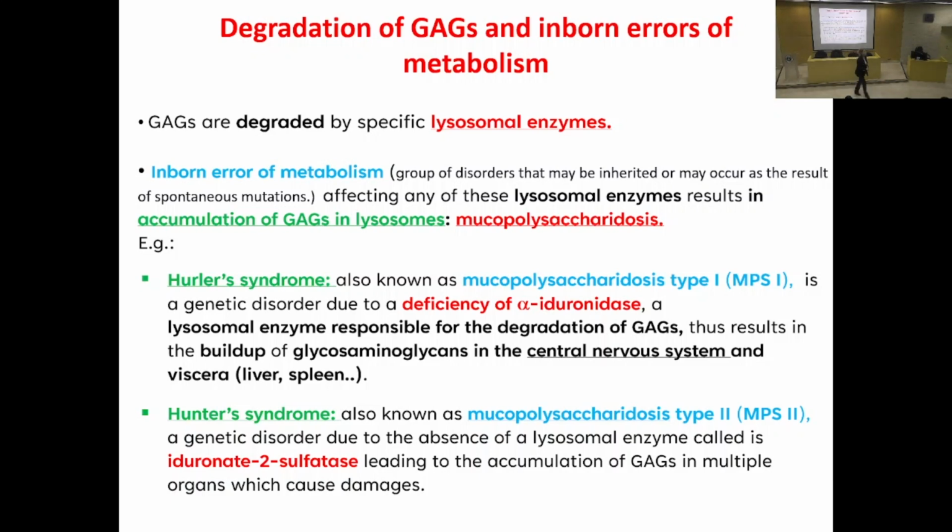Okay. All right. So, always when there is a defect in the body, so it will lead to diseases. All right. There is diseases which are due to the accumulations of gags in our body. All right. So sometimes these gags we don't need them anymore.